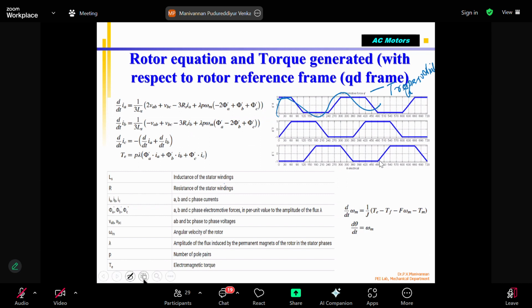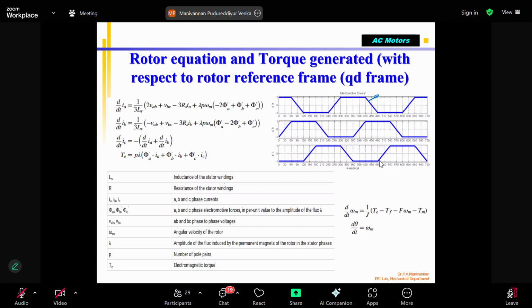What we are talking about is the voltage supplied to the stator winding being a three-phase trapezoidal wave, and the back EMF generated by the rotor magnet in the stator field is also in the same shape, so that they can sync.